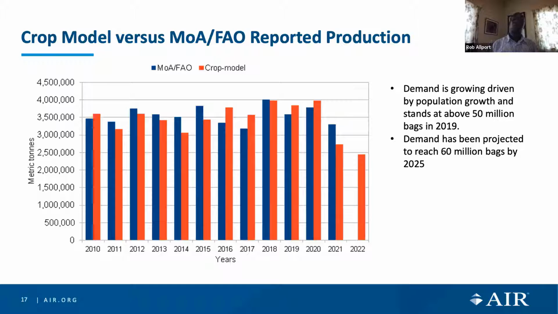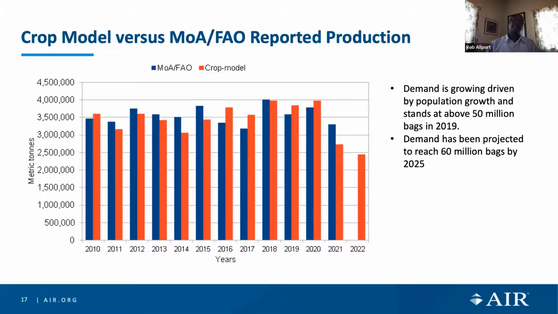And when you go to the FAO statistics website, you get for each country in the world the output of crop production. And when you compare our model prediction, which is in red, and the Ministry of Agriculture and the FAO in dark blue.